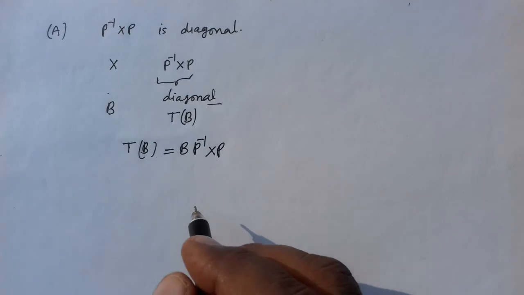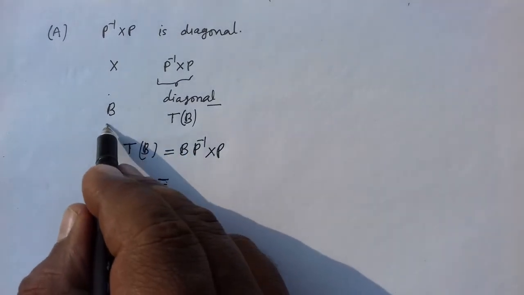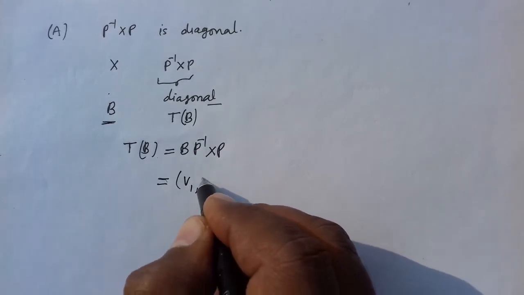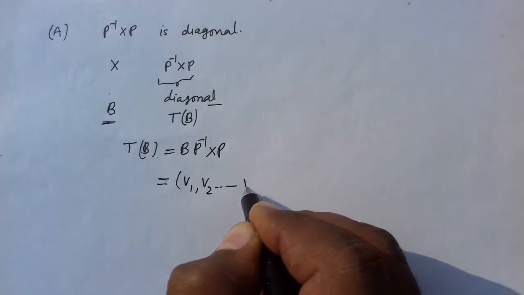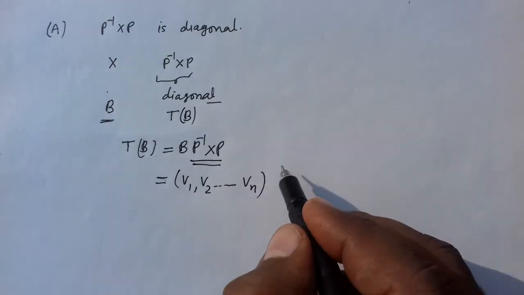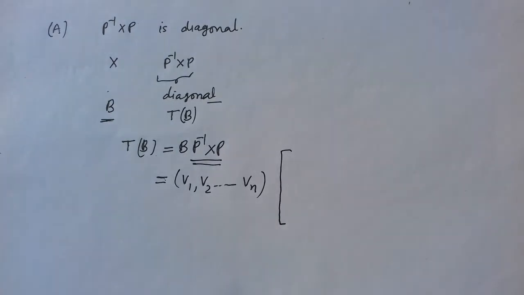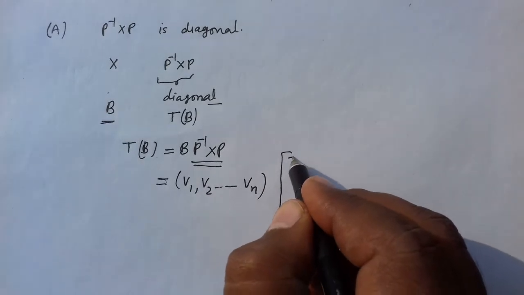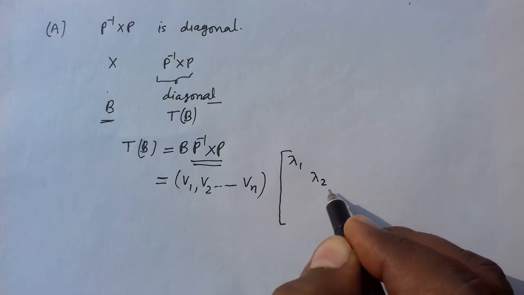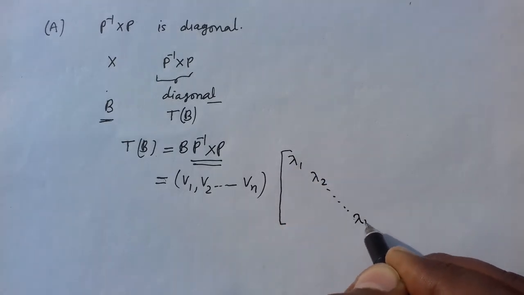So B, the basis, is a set of these vectors v1, v2 to vn, and this matrix is diagonal, and you know that eigenvalues of a diagonal matrix are its entries on the diagonal. So this diagonal matrix can be written with these eigenvalues.